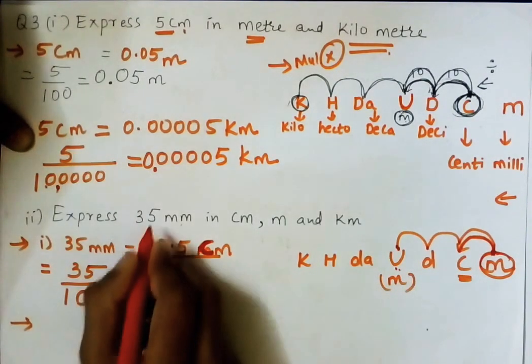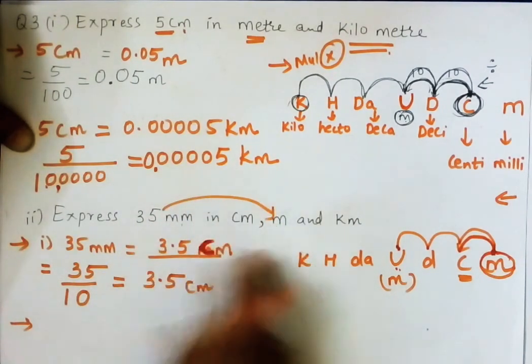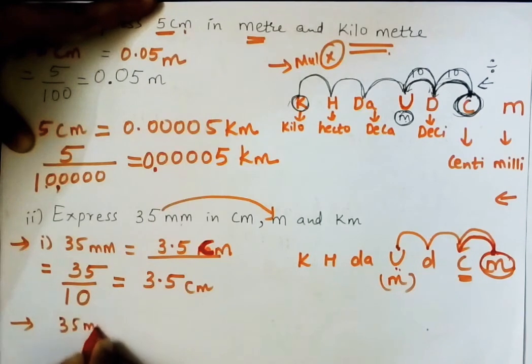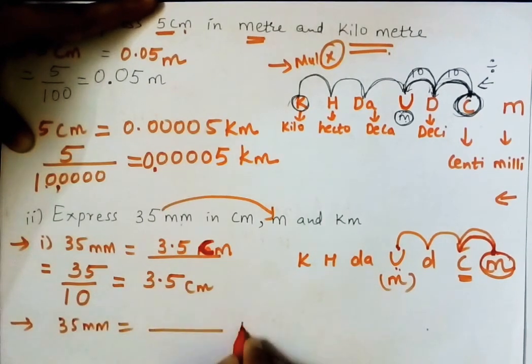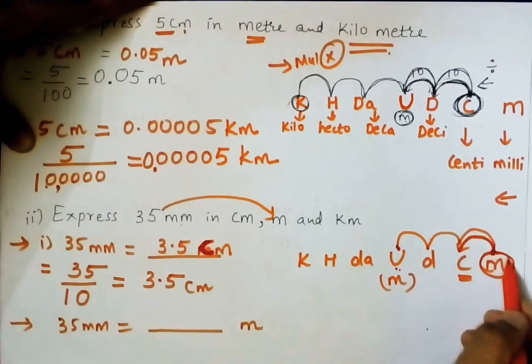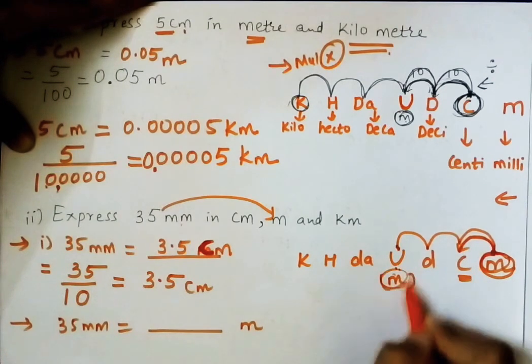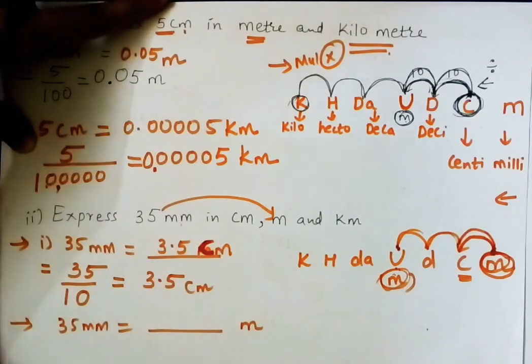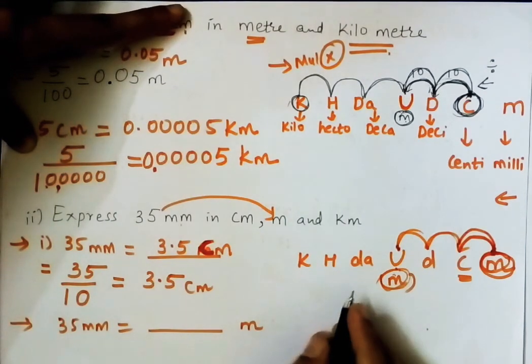So again for millimeter to meter, for this second part, what will we do? 35 millimeter we want to convert to meter. How many times are we shifting from millimeter to meter? Meter will come in unit. So 1, 2 and 3 times we are jumping, so we have to divide this by 1000.